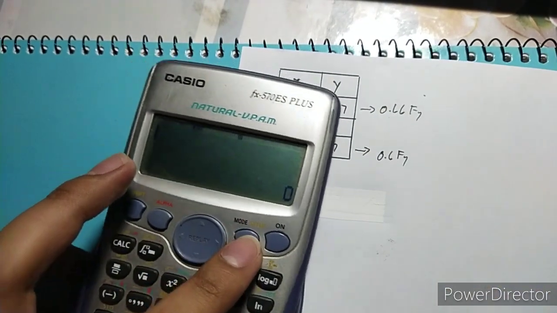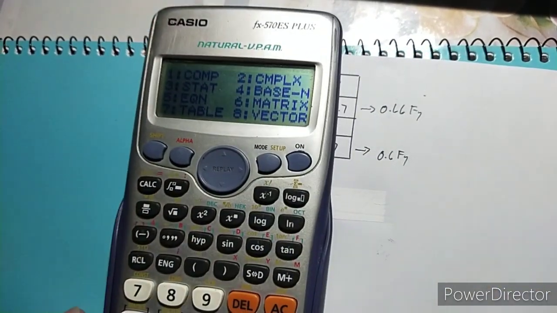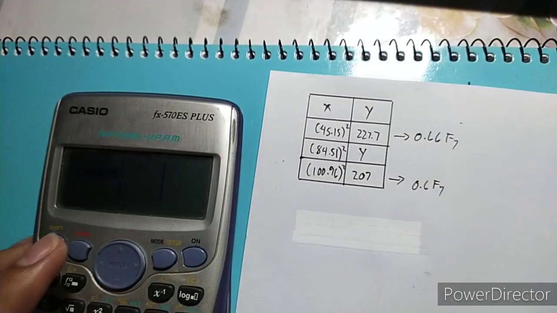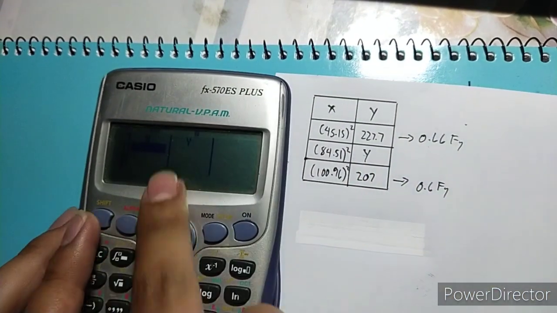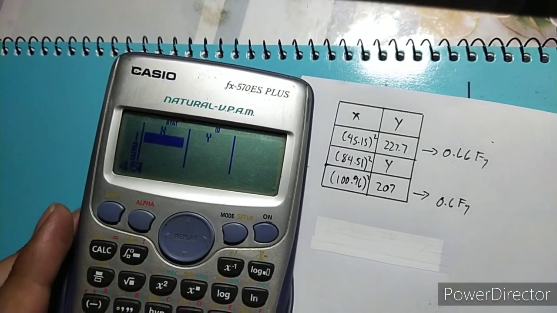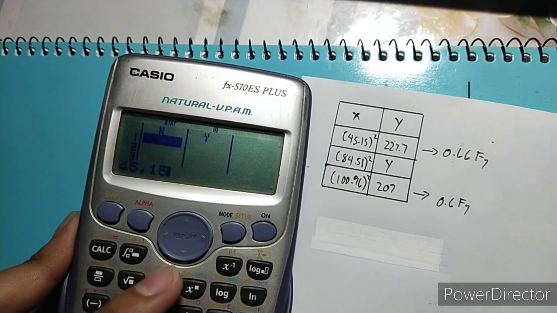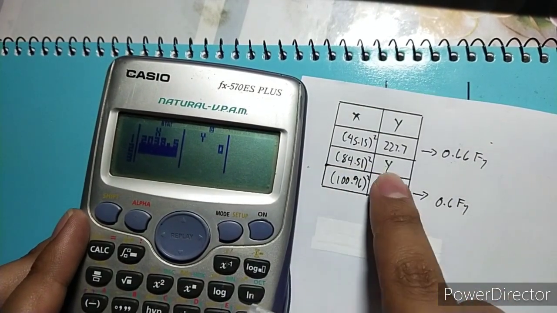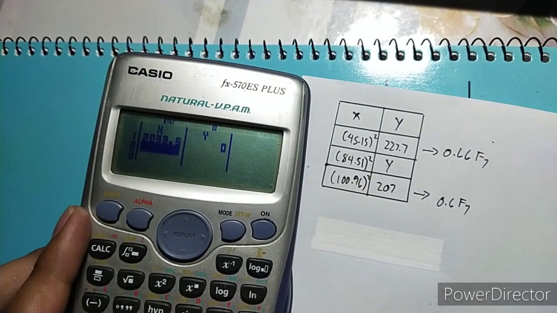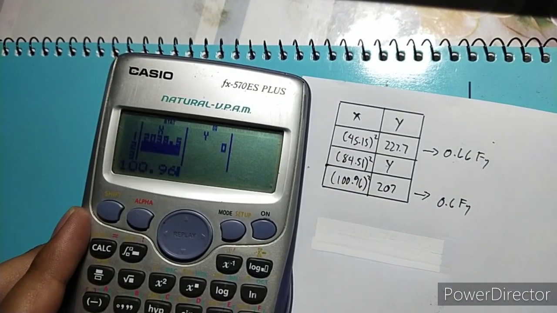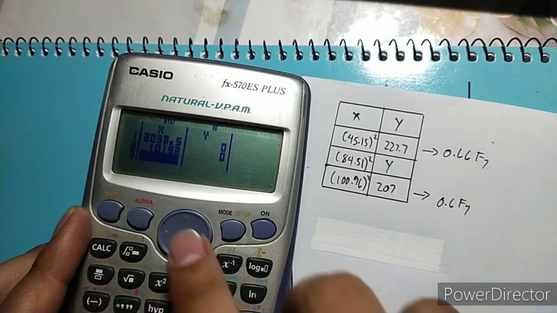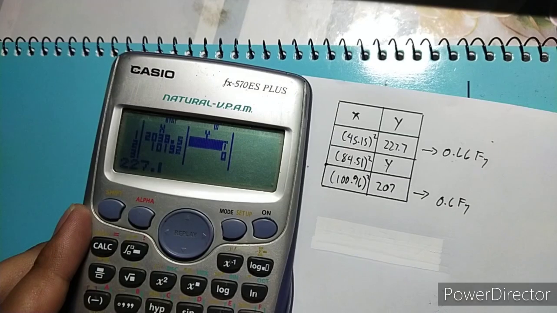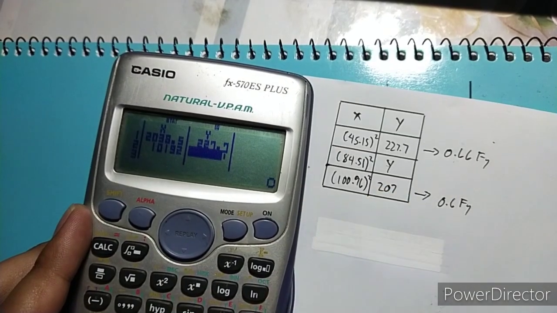So, para makuha doon, punta lang tayo sa mode. Then, 3, 2, tapos input natin dito si X and Y. So, si X muna natin, si 45.15 squared. Hindi muna natin i-input yung isa, mamaya natin ilalagay yan. So, ito muna, si 100.96 squared. So, next, punta na naman tayo sa Y, 227.7 and si 207.